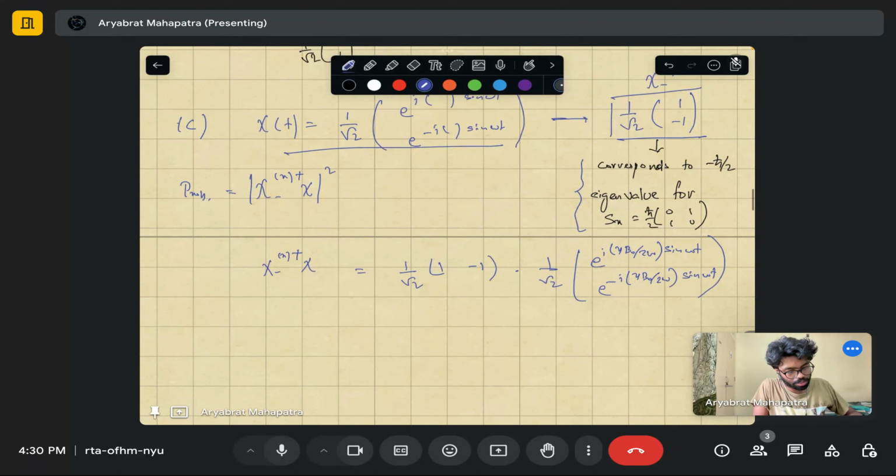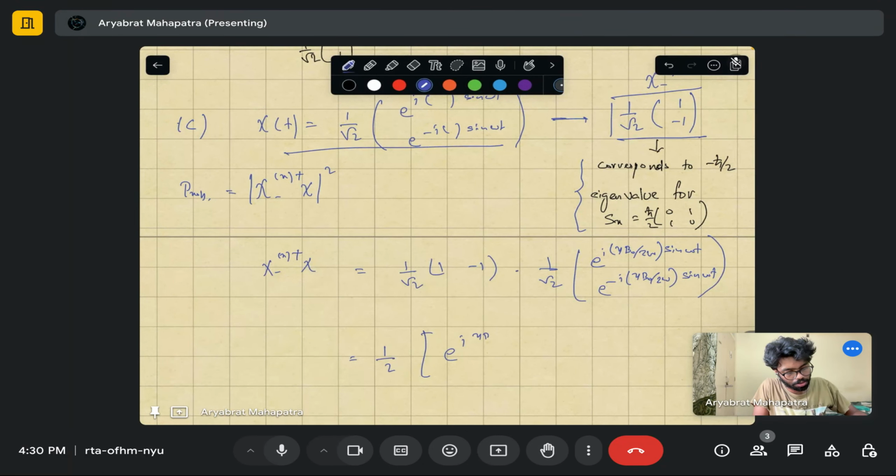Then that is 1 over 2, i gamma b naught over 2 omega sine omega t minus i gamma b naught over 2 omega sine omega t.